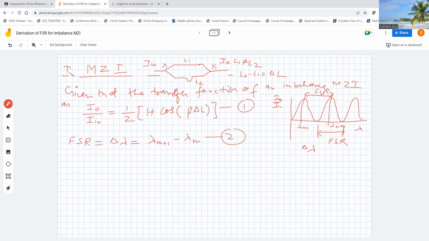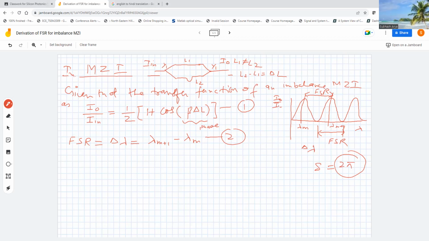Now since in this transfer function, this is completely your phase, the constructive interference takes place at every 2 pi. So this we call a phase, here beta delta L.